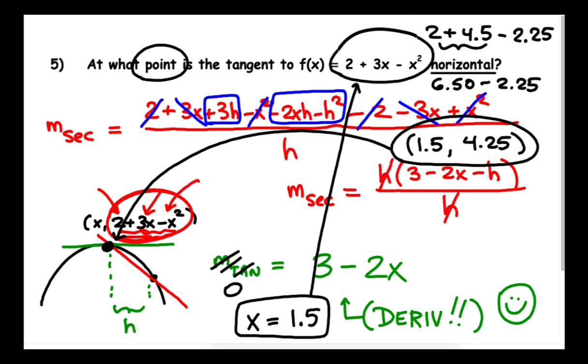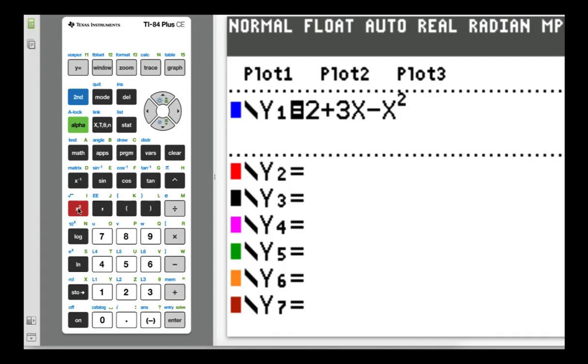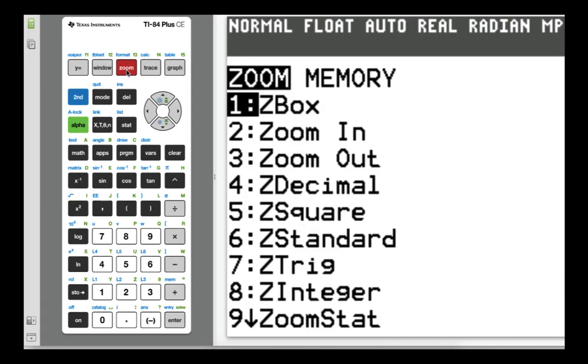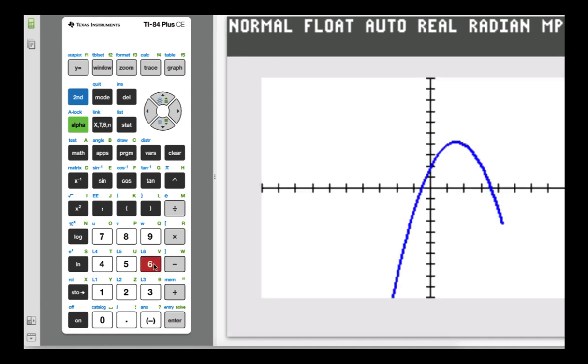And that's exactly what your graphing calculator does when we plug in an equation and we hit second calc maximum. In fact, we're going to do that right now to check our answer of 1.5 comma 4.25. So I'll go ahead and I'll put the original parabola in. All right, there's the equation. Let's graph it. I'll hit zoom standard just because I don't know where I've been here.